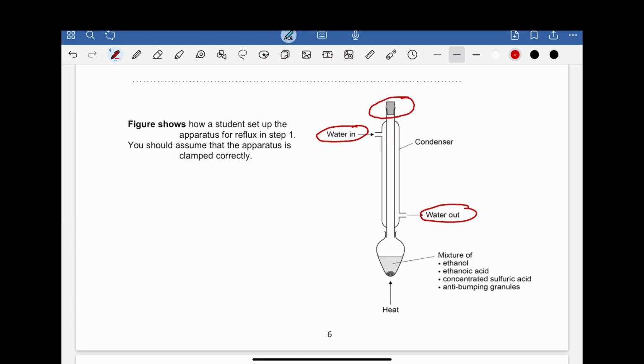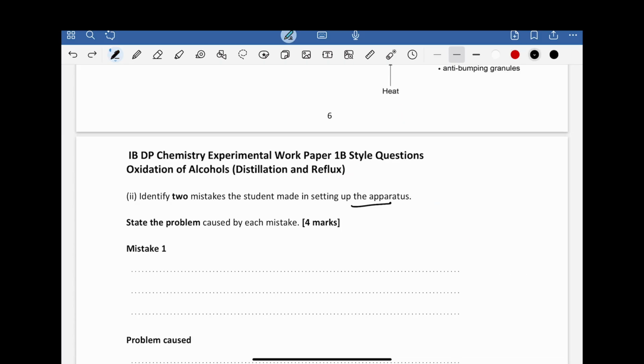Cold water always enters from the lower end and hot water leaves from the upper end. So these are the 2 mistakes. Mistake 1 is there is a bung or stopper at the end of the condenser.